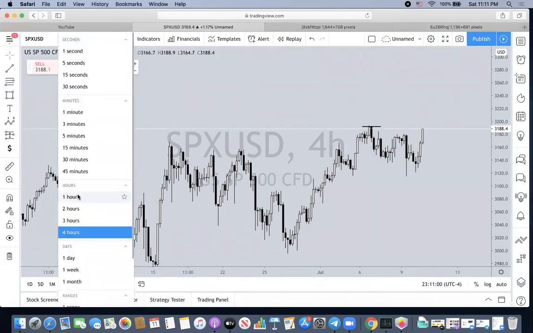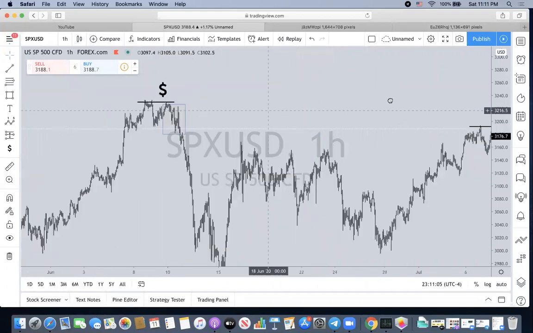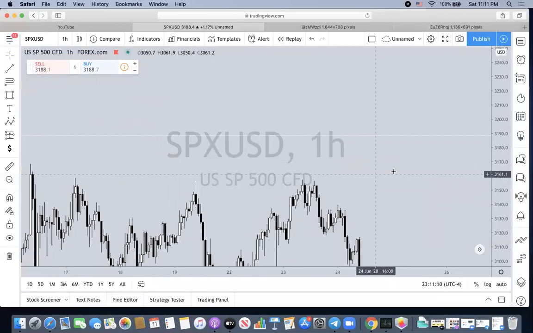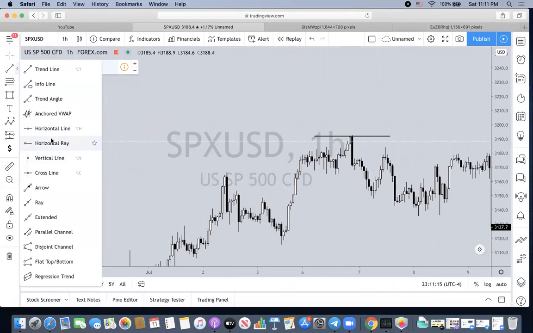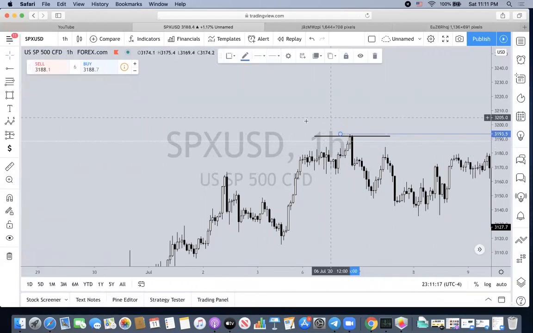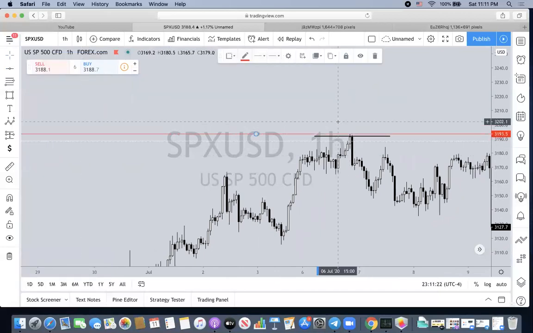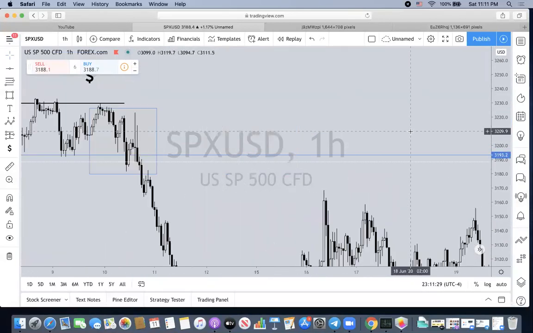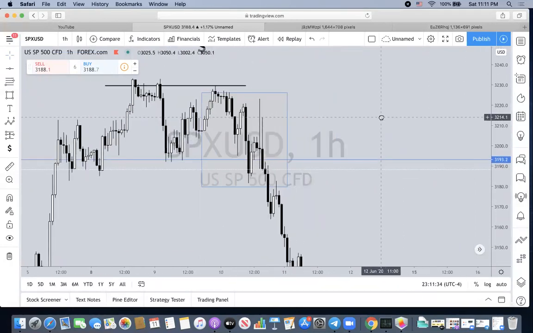right? So let's go peep the hour. Right, and I'm actually going to go ahead and mark off on a horizontal line the current high that the market has hit. Right, so anything above this line that could be an imbalance, I see absolutely nothing.